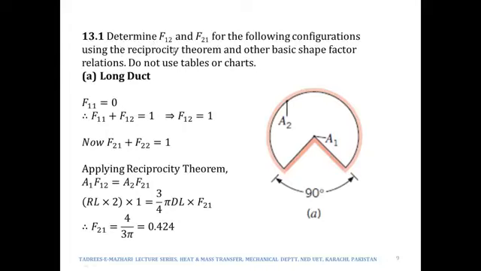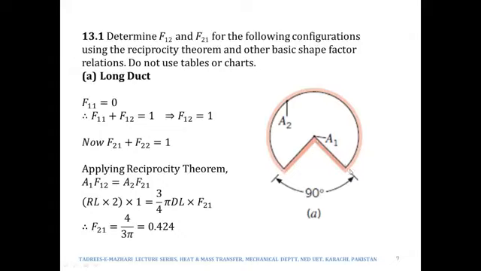So now in this case we need to find out F12 and F21. If you take a look over here, what is this geometry? What is this figure? It is a pipe, and it is not a complete pipe, rather this is like 75% of the pipe, 3/4 of the pipe.